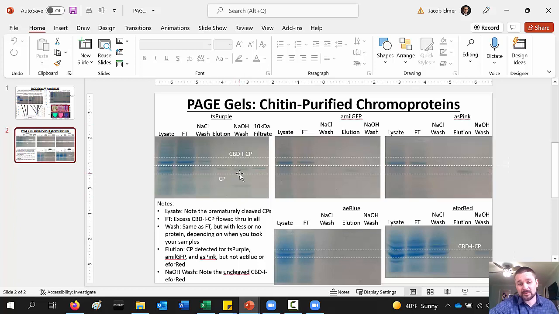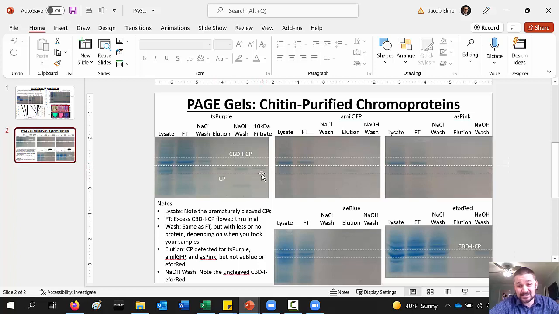Okay. Now, what was really confusing about TS purple, though, was we took this sample, the elution sample, and we put it onto a 10 kDa spin filter, and all that color came through. And at the time, I was worried that, uh-oh, that protein must be damaged, and maybe we're just looking at the chromophore. But look at this. The PAGE gel tells us that whatever went through that 10 kDa filter was actually still protein, and it was the same molecular weight as what we expected to see.